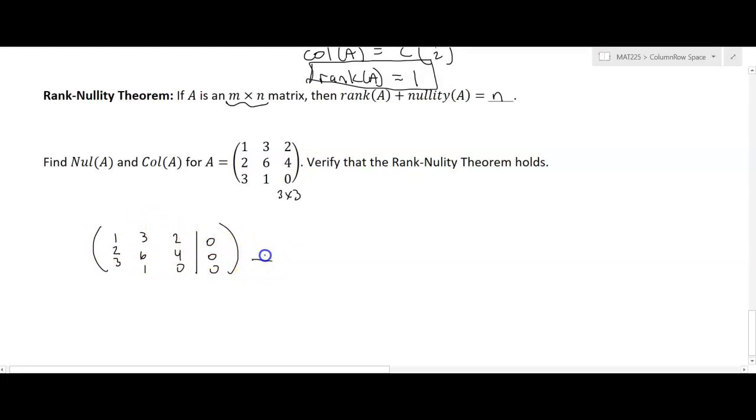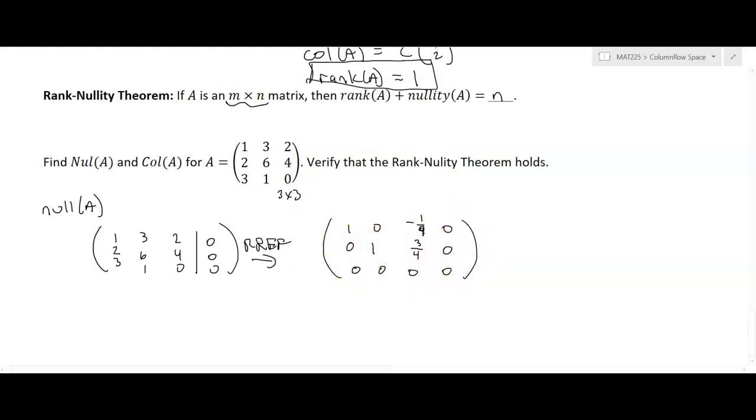This is for the null space of A, and sometimes you'll see it written as the NUL of A. It doesn't really matter which way you write it. And so what we should get here is 1, 0, negative 1/4, and 0. And here we should get 0, 1, 3/4, and 0. And here we should get 0, 0, 0, 0.